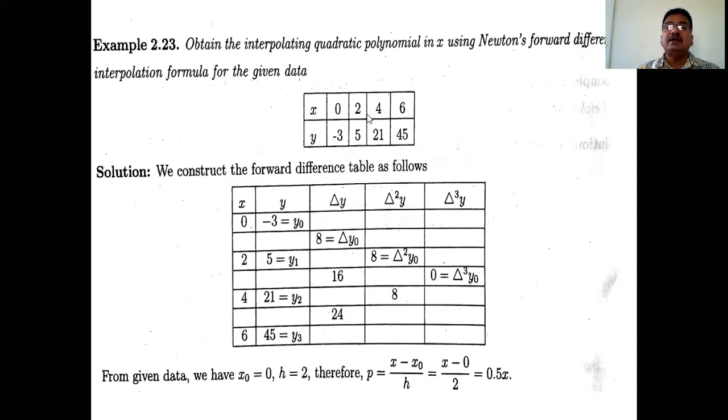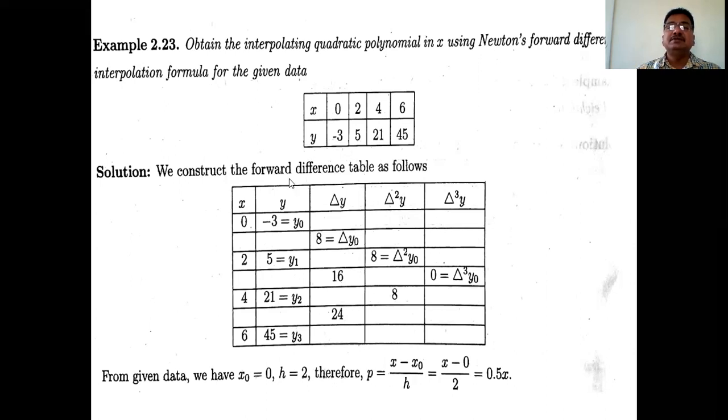And if the values are not equidistant, then you must use Lagrange's interpolation formula. There is no option to choose if the values of X are not equidistant.